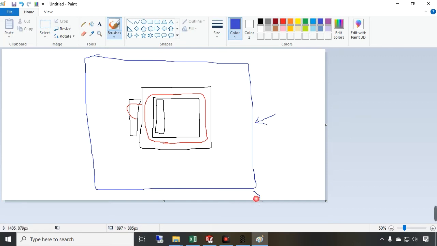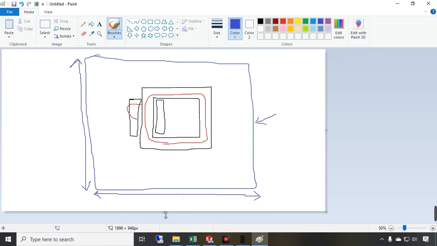So the dimensions of this solution region is important, right? Should be large enough to simulate the structure adequately.